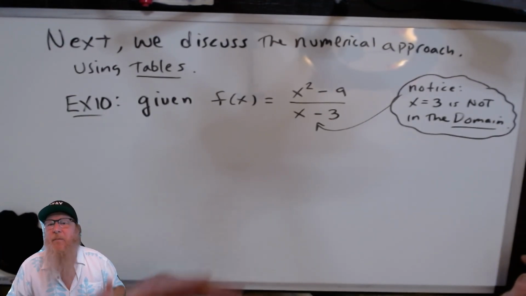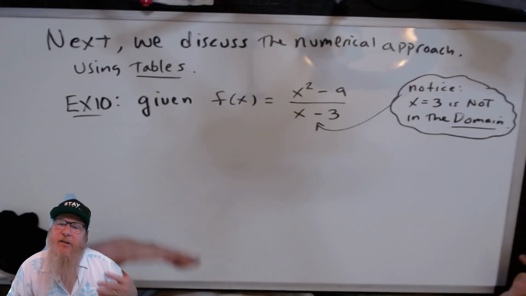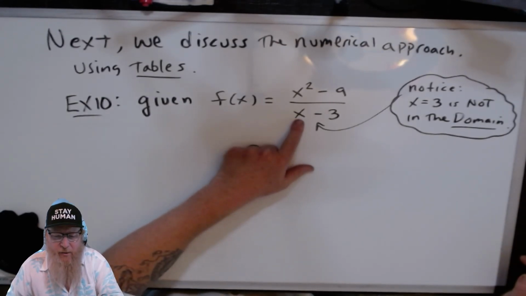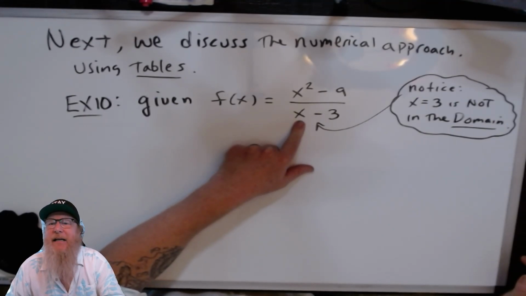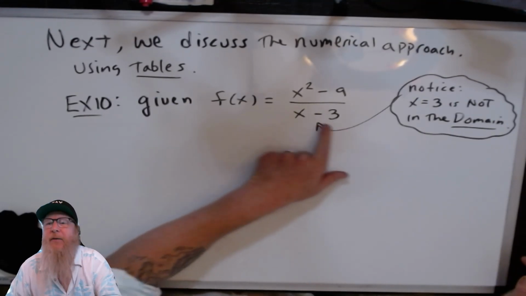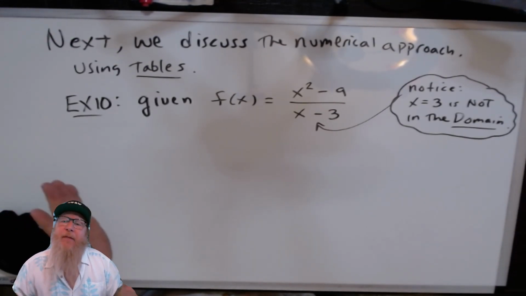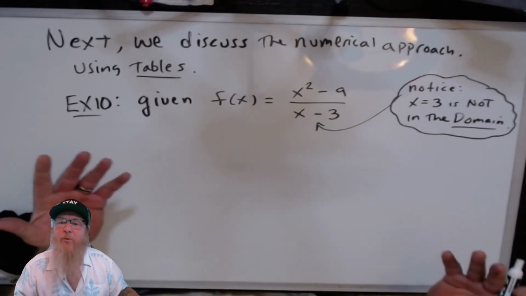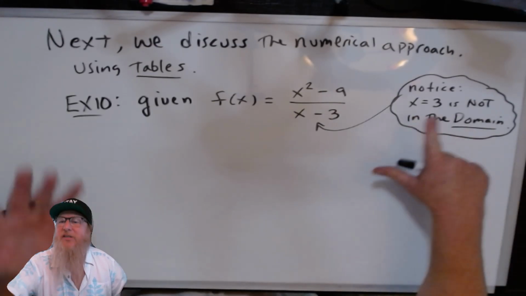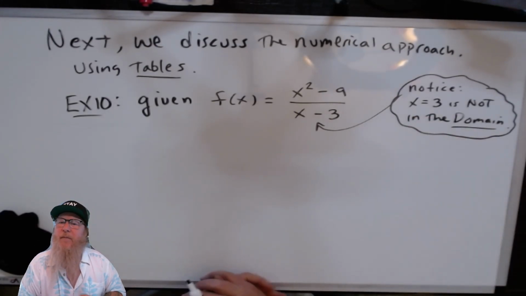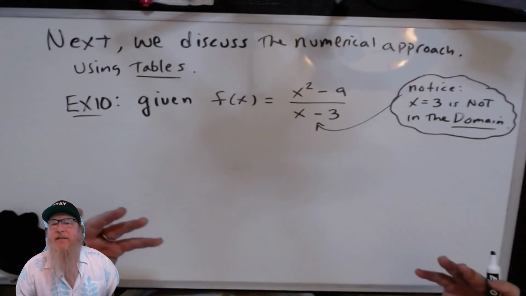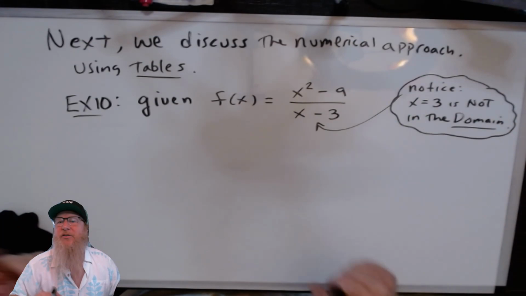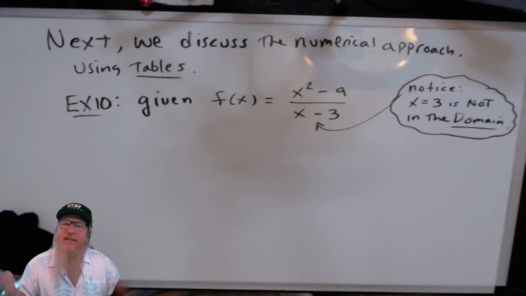One of the main rules, or what I refer to as the domain rules, is that you cannot divide by 0. If you plug in x equals 3, the denominator would become 3 minus 3, and you would end up dividing by 0, and that's against the domain rules. So that value is excluded from the domain. The domain would be all x's except 3. Sometimes we put a slash through the equal sign to say that x does not equal 3.